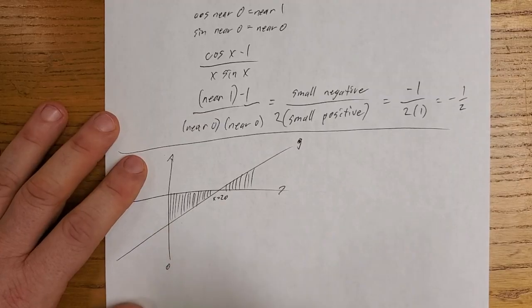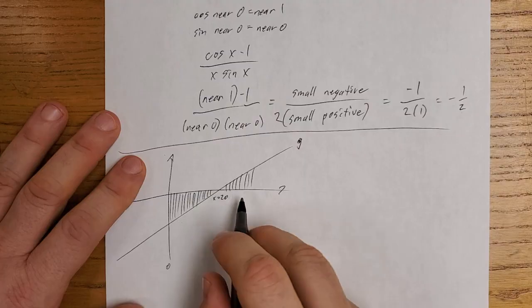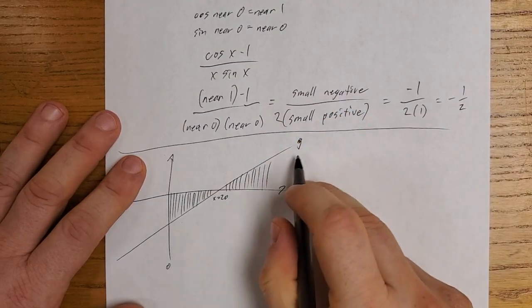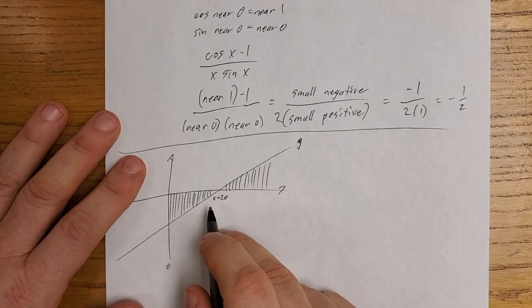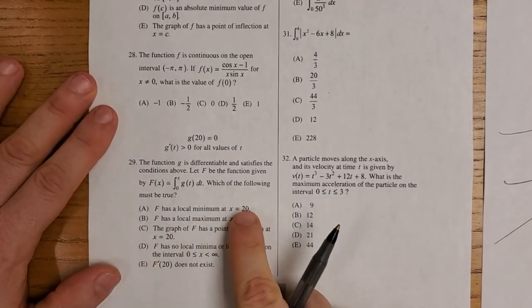So if that bound is here, it is all negative. But if the bound is up here, then you're starting to get into the positive again. So actually, it does turn out to be the first one.